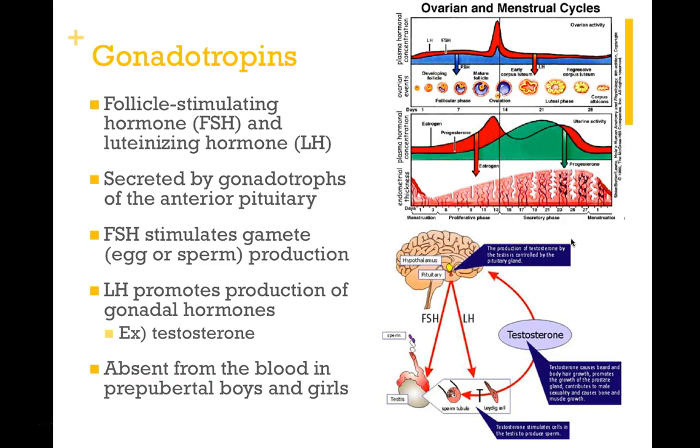So in the female, it will tell the ovary to secrete estrogen and progesterone, and in the male, it will travel to the testes and tell it to secrete testosterone. And all of these hormones are needed for gamete production, so these 2 hormones work hand in hand. We will not see FSH or LH secreted in the blood until boys and girls reach puberty.